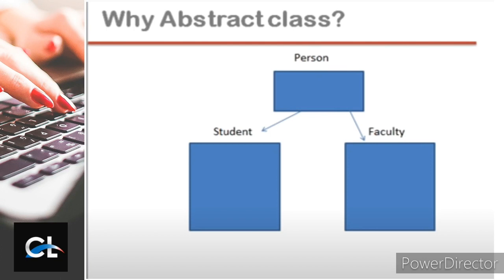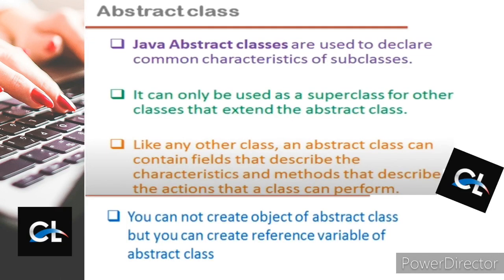Few points we need to note. Abstract classes are used to declare common characteristics of subclasses. What does it mean? Like if I have a superclass and if I have two subclasses, few common attributes we need to declare under the abstract class, and we are using it from the subclass.